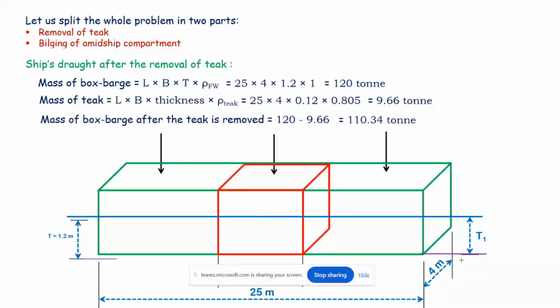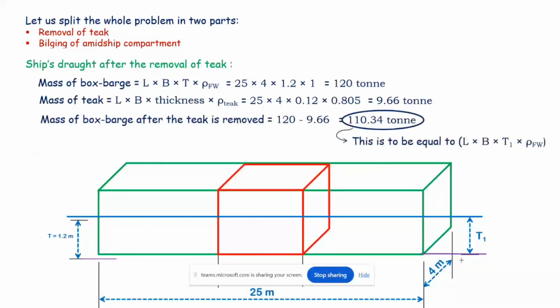Now this should be equal to the mass of water displaced. We all know that. How to determine the mass of the water displaced? Again the same formula: length into breadth into the new draft, multiplied by the density of water in which the ship is floating. This will help us determine the new draft T1.